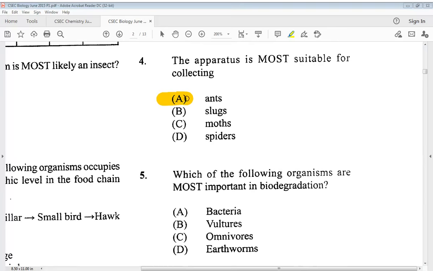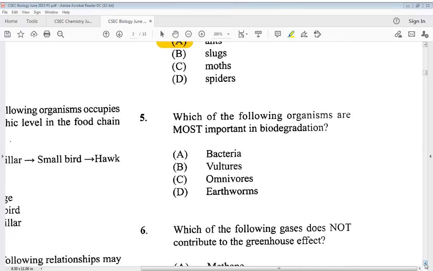We know it is A, ants. 5 says, which of the following organisms are most important in biodegradation? A, bacteria, B, vultures, C, omnivores, D, earthworms. B and C would be out, so we're left with A and D. Earthworms, that's important, but it says most important, so A, bacteria.